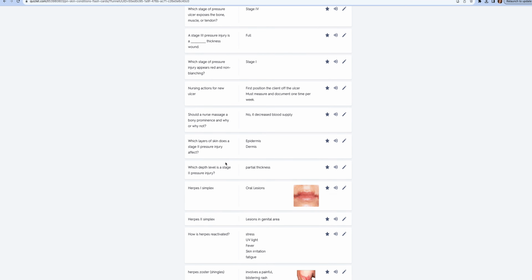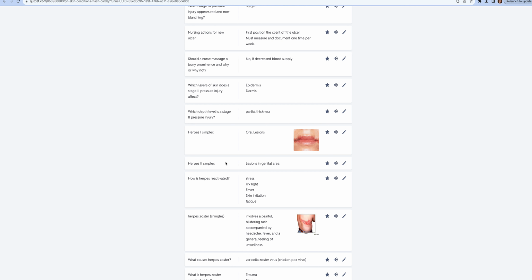All right, so make sure you go in and do this Quizlet because it has a lot of good information in it. So, herpes 1 simplex is oral, like cold sores or blisters. It could be in their nose. And herpes 2 simplex is lesions in the genital area from herpes virus.